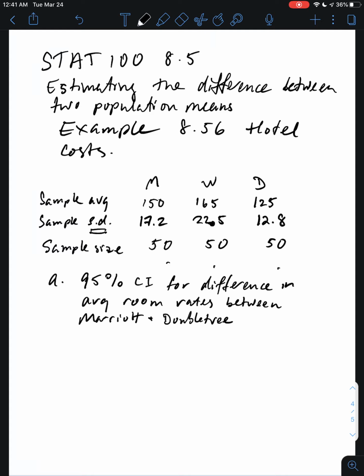The formula for confidence interval is the difference between the sample means plus or minus the z sub alpha over 2 coefficient times the standard error.